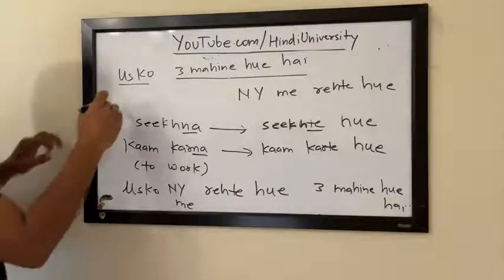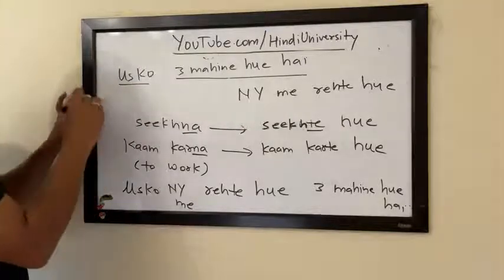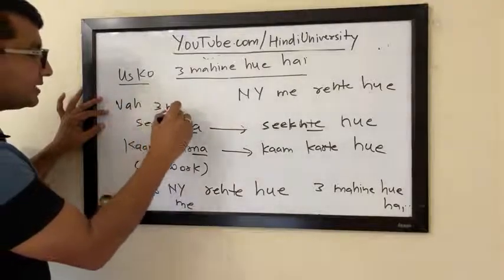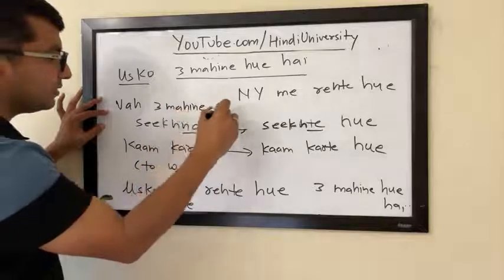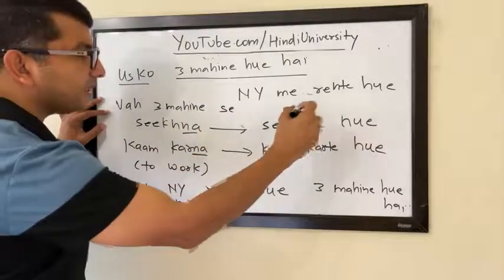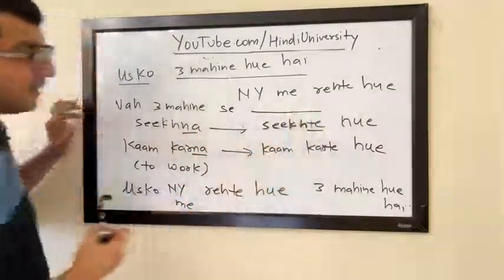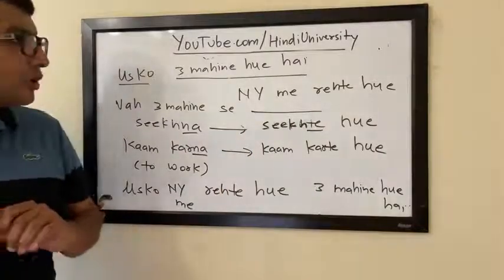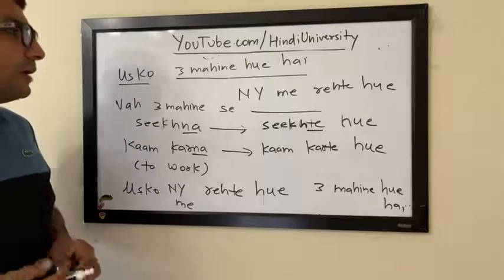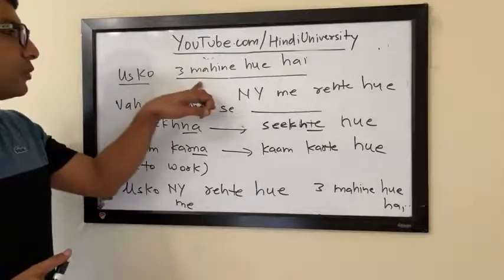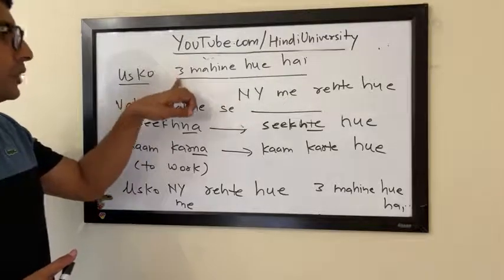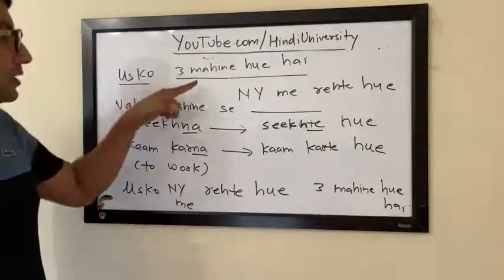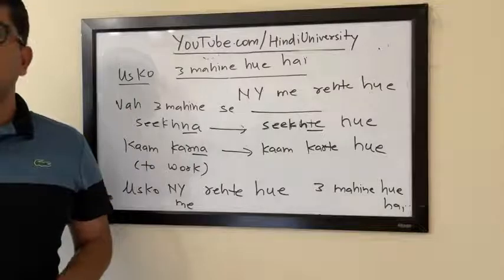As I said, the other way would be what we practiced, like वह 3 महीनों से न्यूयॉर्क में रह रहा है. That's another way of saying it, but I don't want to confuse it further. If your dilemma was why we are not putting this after the subject, you can use that. You can say immediately, उसको 3 महीने हुए हैं काम करते हुए, यहाँ काम करते हुए.